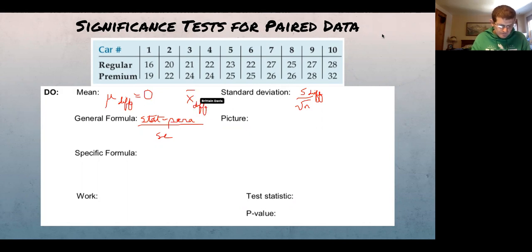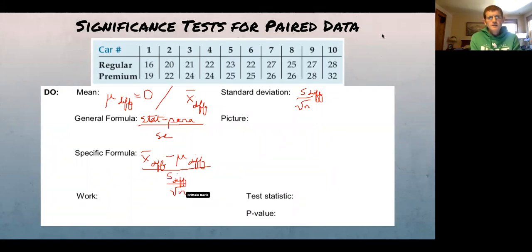Now let me plug in and create our specific formula, which is x bar sub diff minus mu sub diff, divided by s sub diff divided by the square root of n. I'm going to have a page that has these formulas on it, so if you come back to the presentation later, you'll find it. But of course, it's a good idea to be following along, copying this stuff down. You can see it's a pretty straightforward calculation at this point.